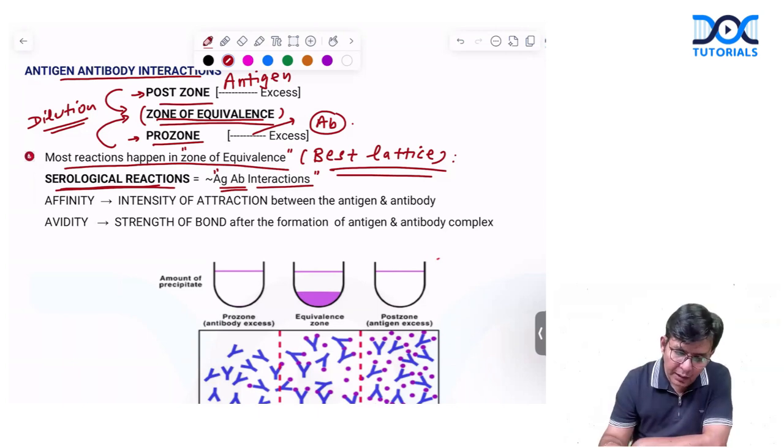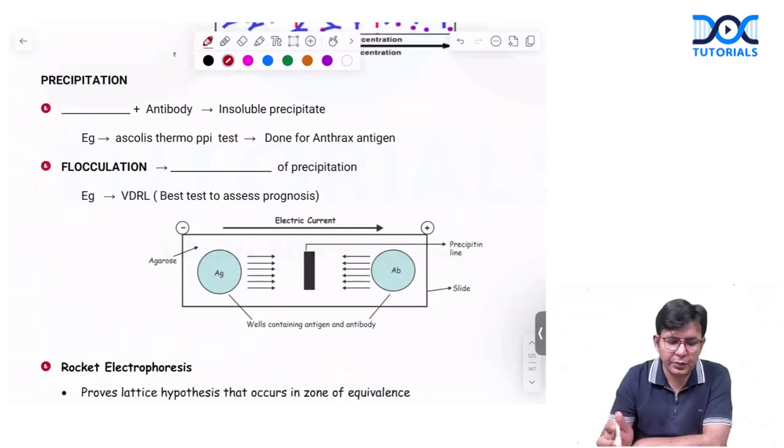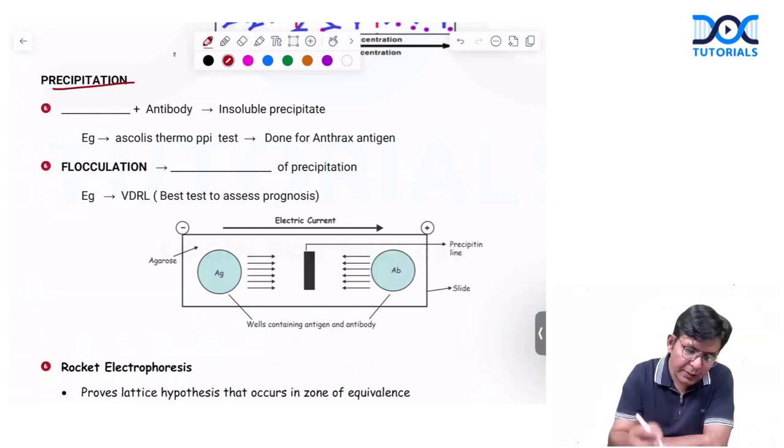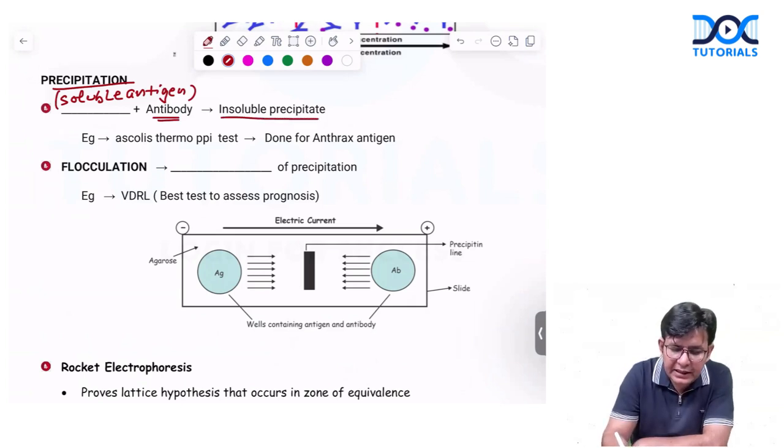Okay. Now, after this understanding of antigen antibody, namely two types of reactions are there. One is precipitation and one is agglutination. Precipitation is, in this we use soluble antigen, and this soluble antigen mixes with the antibody and they produce what, guys?